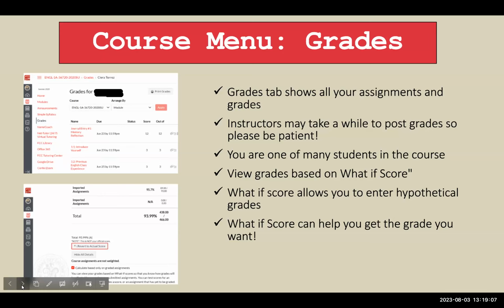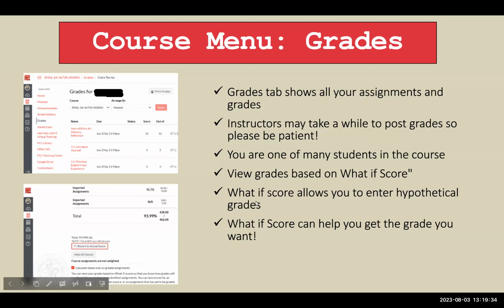View grades based on what-if scores. That means you are able to predict your score. So if you're having a pop quiz and you have an idea what kind of grade you're going to have, you're able to put in that grade, and it gives you an idea of what your overall grade will be.